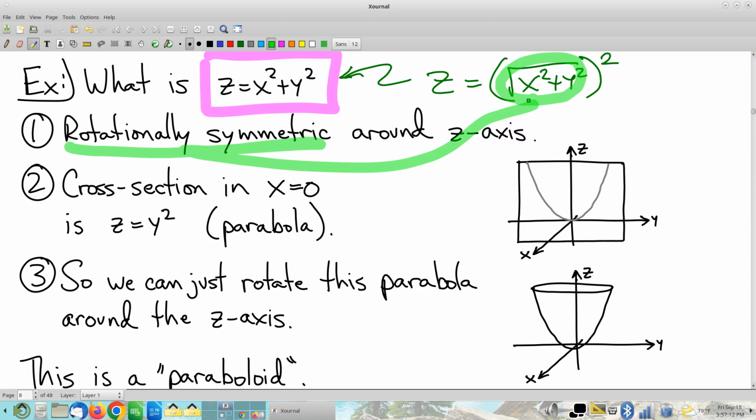I can pick any cross-section. By the way, there's my z-axis. I'm going to take any cross-section I want, as long as it contains the z-axis. I'm going to choose the YZ plane. No particular reason. Now, I could, if I wanted to, pick the XZ plane. Totally fine.